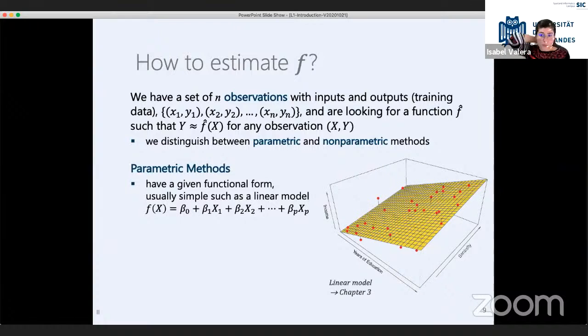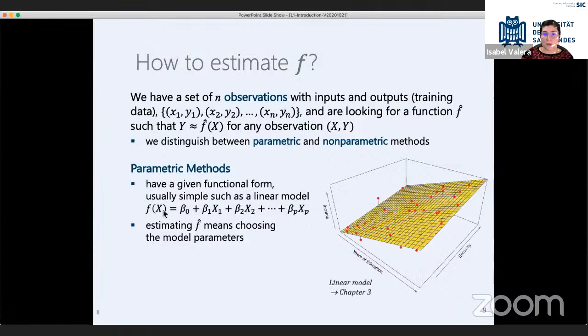So if we think of a parametric method, basically what we are going to assume is that there is a functional parametric form for this f hat, of this form, for example. So this would be a linear parametric form because basically we are simply doing a weighted sum of the input features. And learning in a parametric method doesn't go beyond learning the parameters of this function that we have assumed beforehand, right?